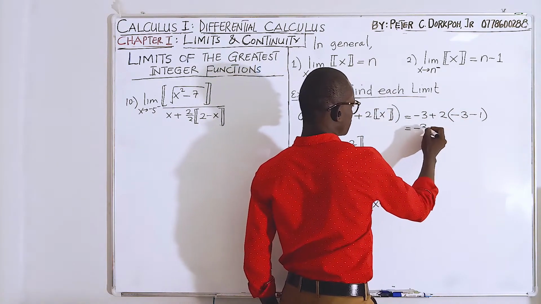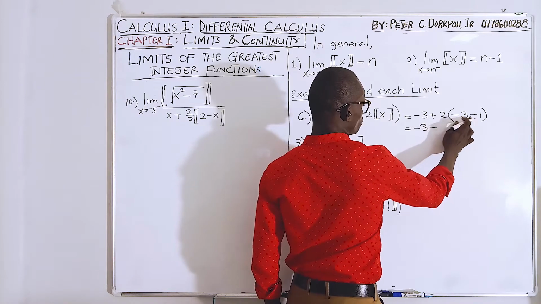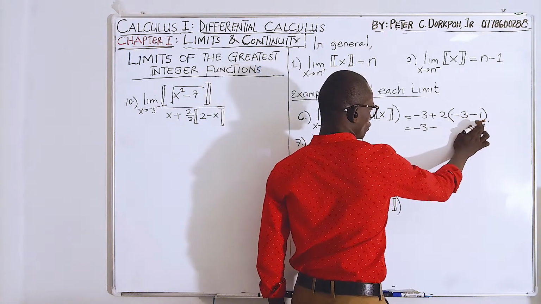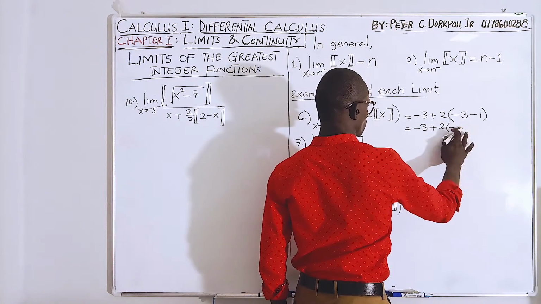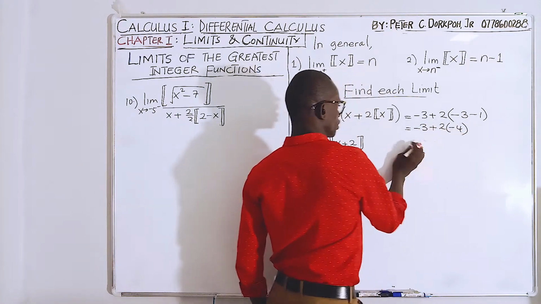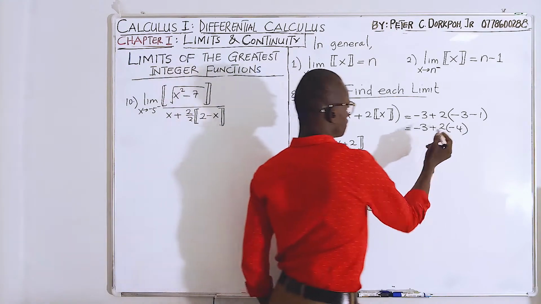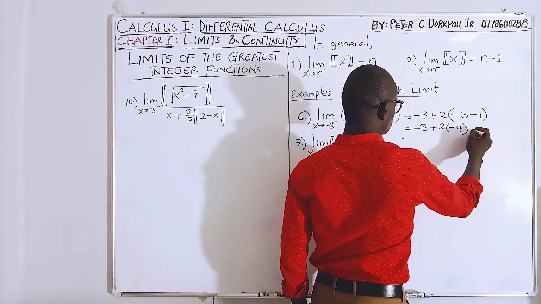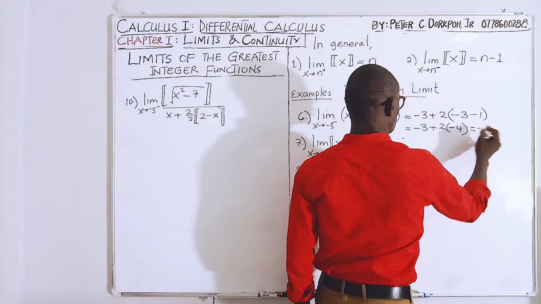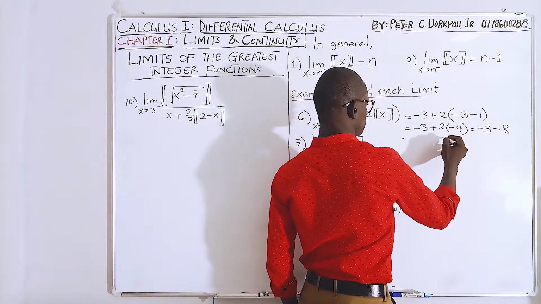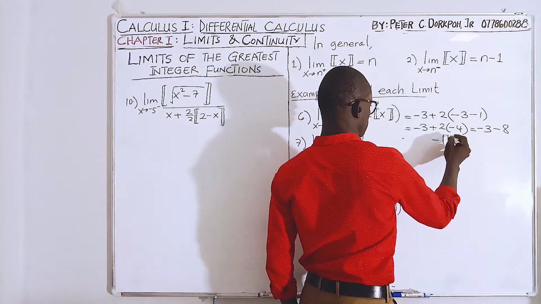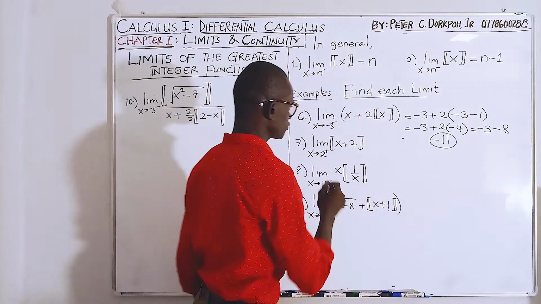So this is minus 3 minus 1, which is minus 4. So it's 2 times minus 4, which is minus 8.